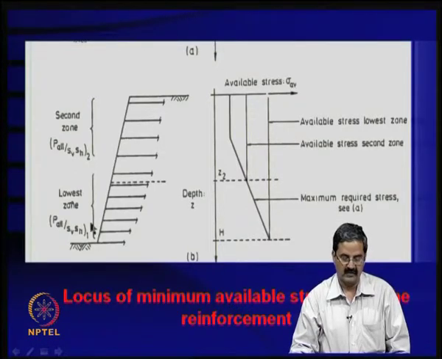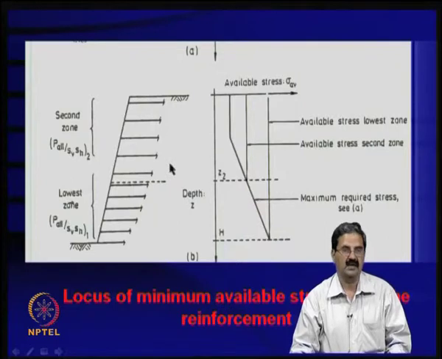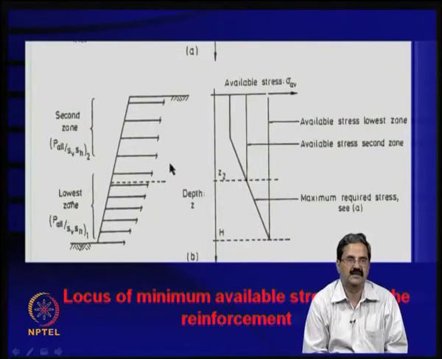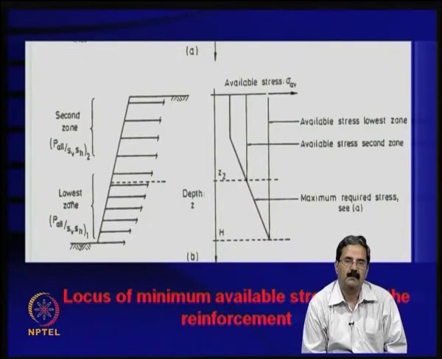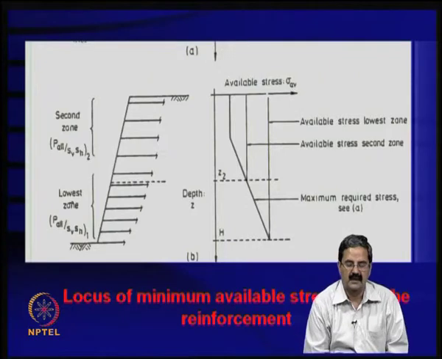In fact, what you are trying to do is that one way is that you calculate and put one single type of reinforcement. This is the lowest zone, because sometimes what happens if the depth is shallow, say for example 5 to 6 meters, it is okay, but if the depth is say 10 meters or something, or 7 meters, it is better to choose two types of reinforcement, so that you do not really waste the material.